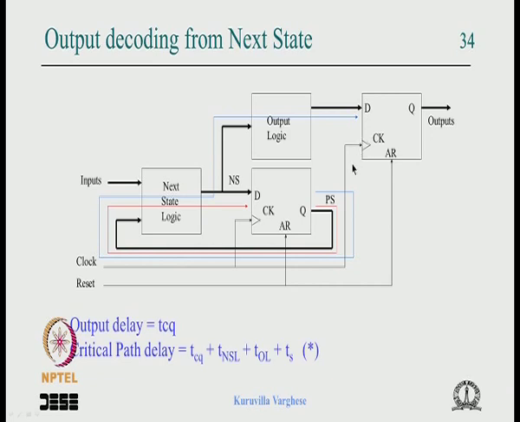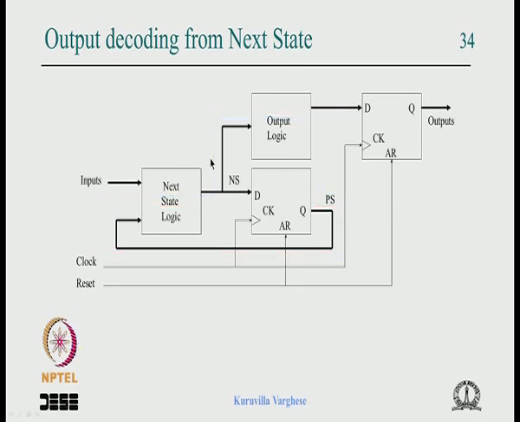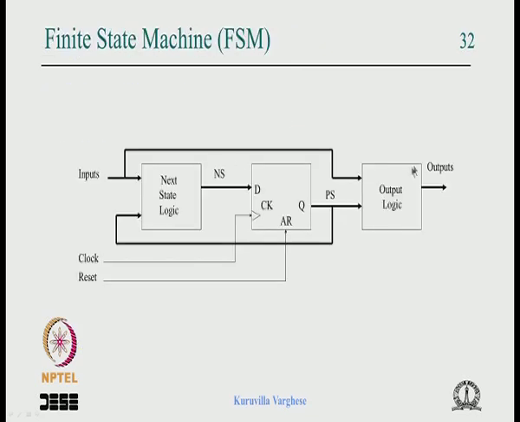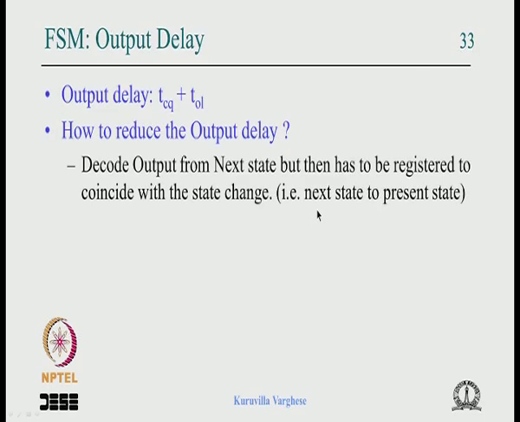One advantage is that these come one after the other, so they could be optimized. If you look at the earlier diagram, the output logic was after the register boundary, so there was no way it could be combined with the next state logic, and no optimization was possible there.